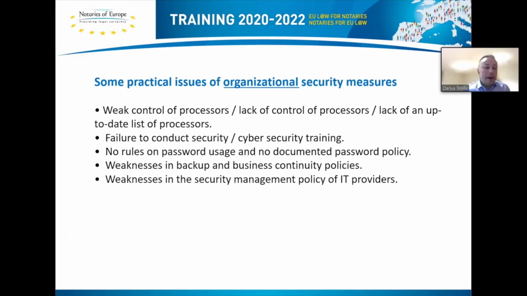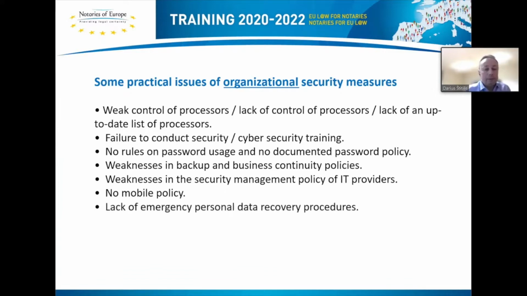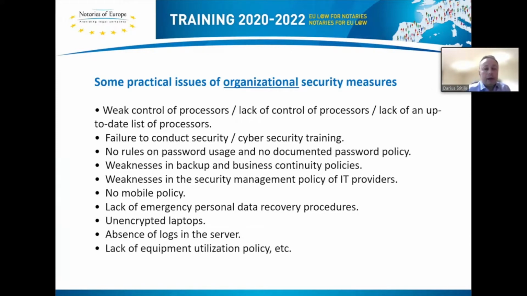Weakness in security management policy of IT providers, no mobile devices policy, lack of emergency personal data recovery procedures, unencrypted laptops, absence of logs on the server, etc. So there are a lot of issues with organizational security measures.